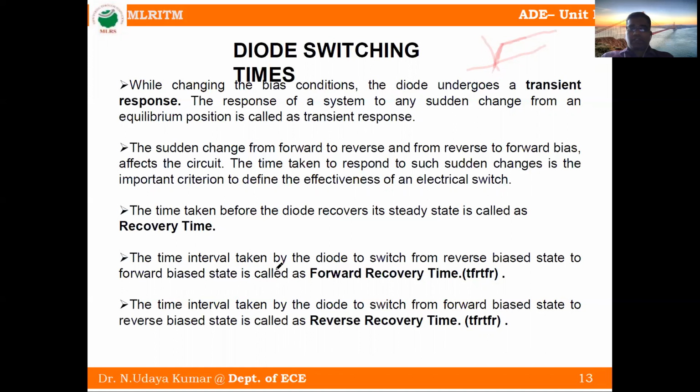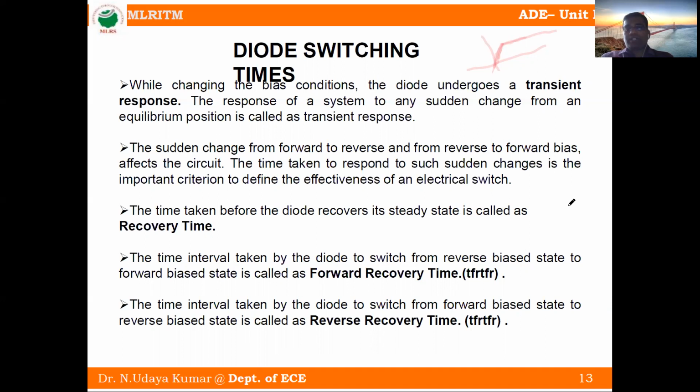The time interval taken by the diode to switch from reverse bias state to forward bias state is called forward recovery time. So we have a diode, which at present is reverse biased. Whenever we change from reverse bias to forward bias, there is a time in between.